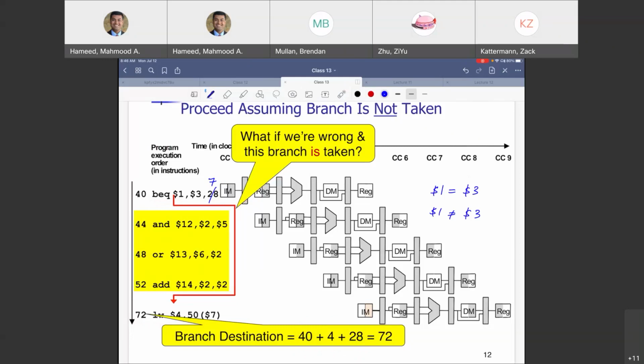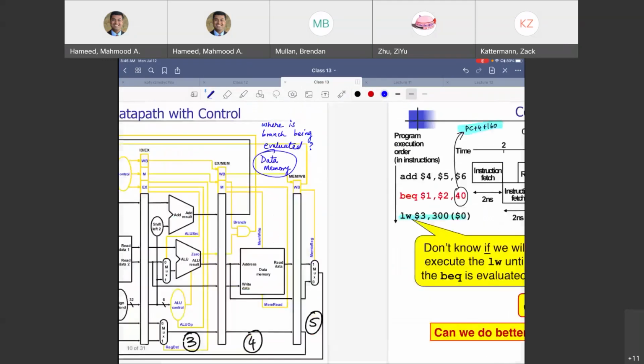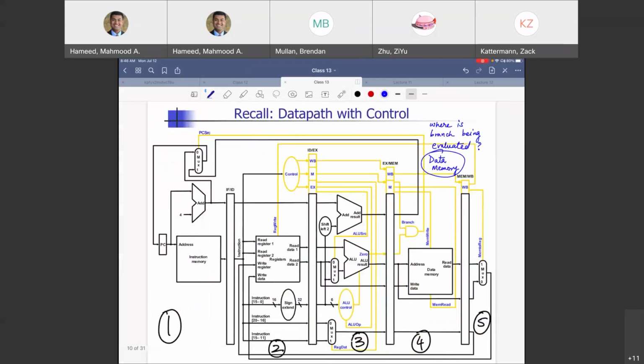When do you know the possible branch address? I think it is still in the 80 plus 4. Okay, so it's still over here. Execute stage, right? Oh, you know it over here.